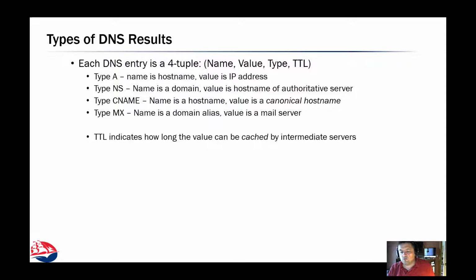If you ask your local name server for google.com, your local name server probably already has it. If it doesn't, it'll ask for it and do all the negotiation the first time, but then it's going to hold that entry until its time to live expires. So let's say that Google says, we don't make changes very often. We're only going to make changes once a day. So if you get an entry from us, it's going to live for 24 hours.